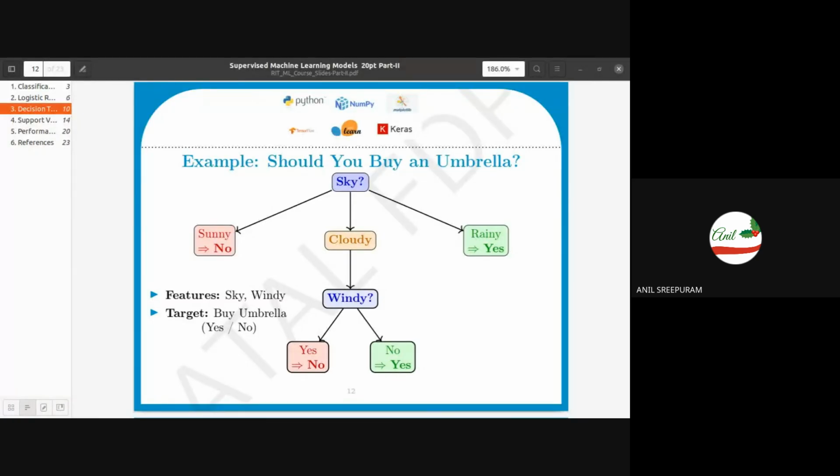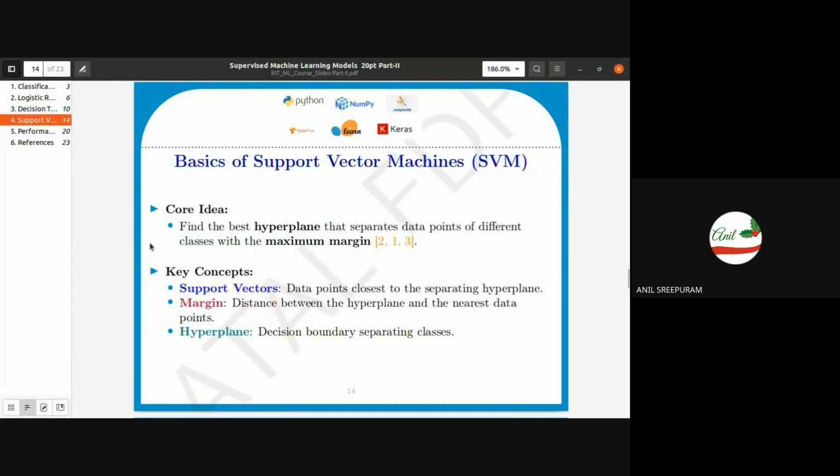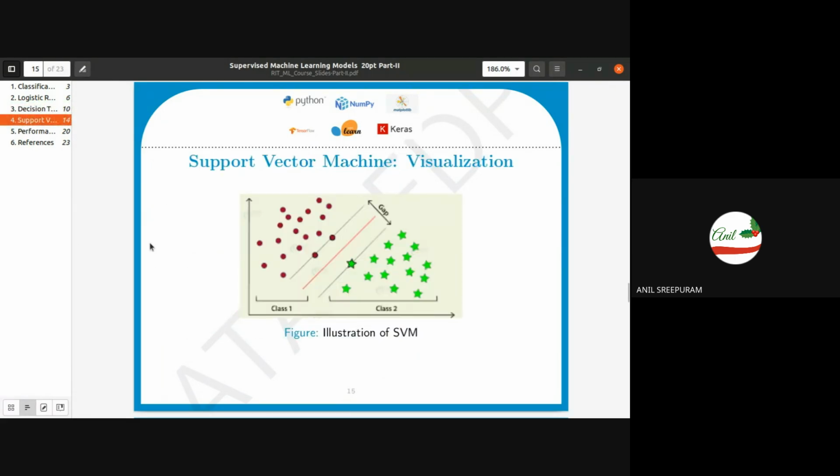What is actually support vector machine? Support vector machine is like this. It's also actually a binary classifier. You may imagine a situation like this.